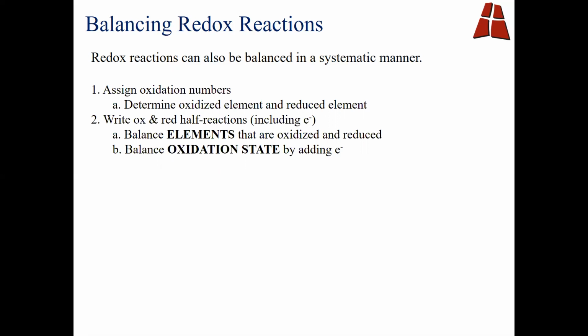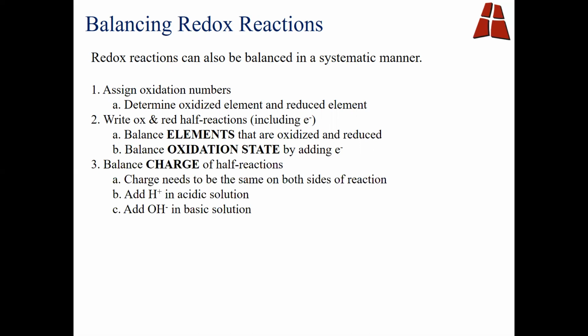With that, you want to balance the elements that are oxidized and reduced. This will typically be all the elements that are not oxygen and hydrogen, although oxygen and hydrogen can be reduced or oxidized as well. Then you'll want to balance any oxidation states by adding the electrons. I'll go through an example of this in this video.